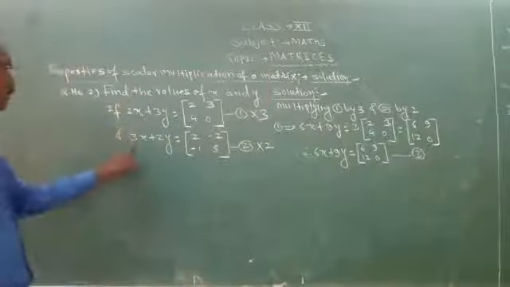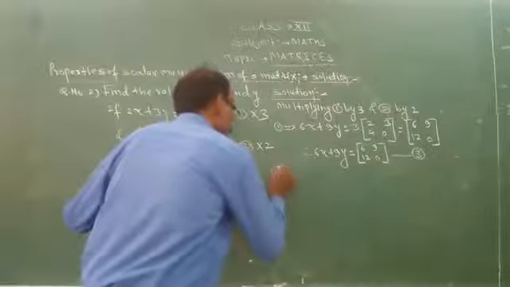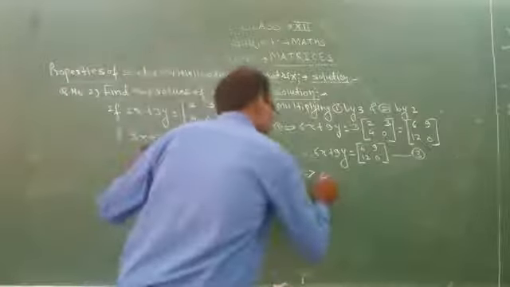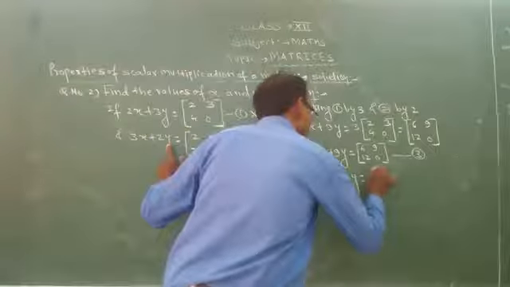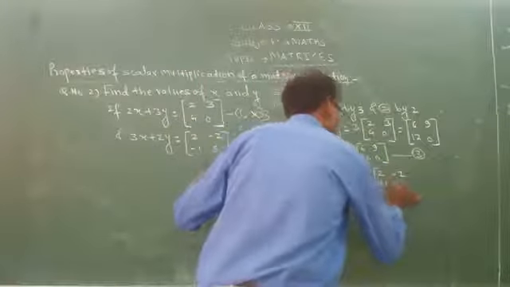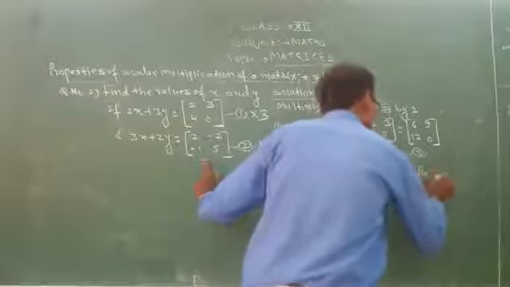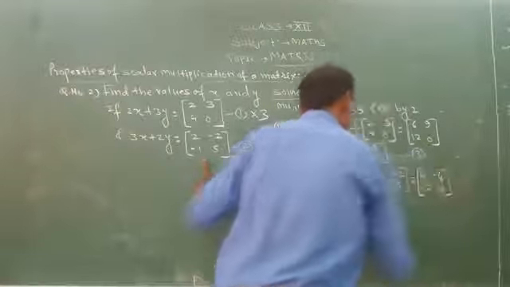Now I am multiplying the second equation by 2. So 6x plus 4y equals 2 into the matrix 2 minus 2, minus 1 5, that is 4 minus 4, minus 2 and 10.